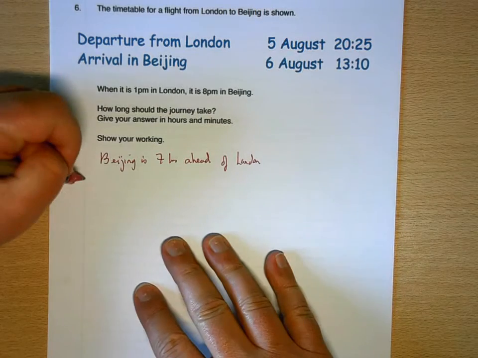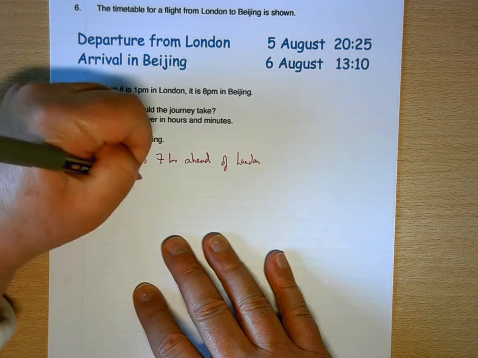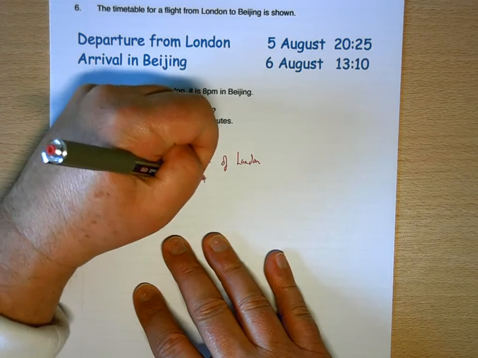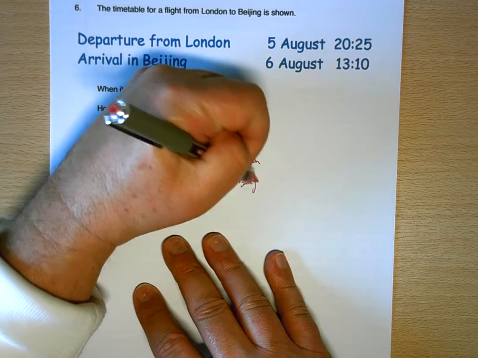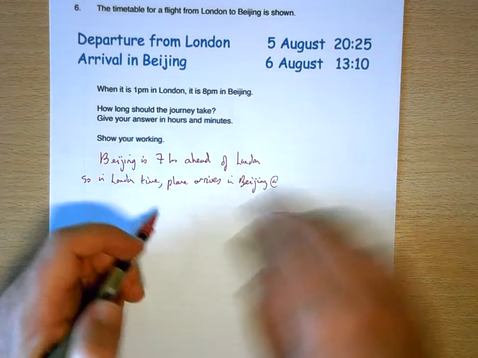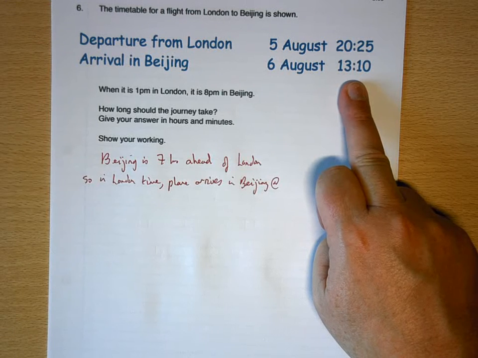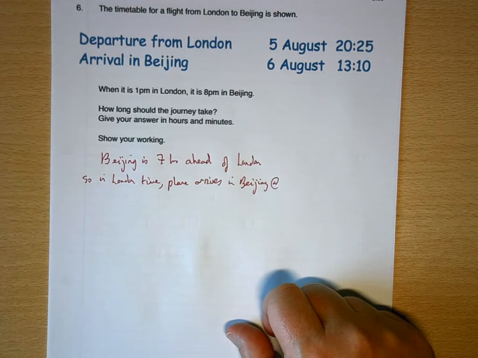So in London time, the plane arrives in Beijing at, if I'm going to take 8 hours off 13:10, then I'm going to get 6 hang on, I got brain dead. So 13 take away 8 is 5:10.